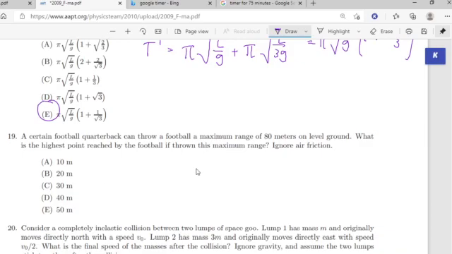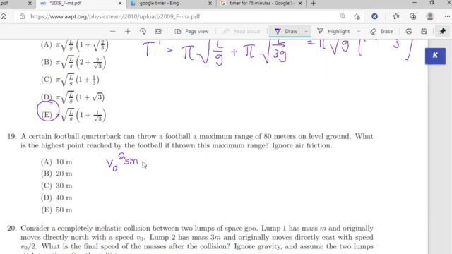Okay, a certain football quarterback can throw a football a maximum range of 80 meters on level ground. What is the highest point reached by the football if thrown this maximum range? Okay, actually we just need another range equation for that, which is v naught squared sine 2 theta over g.